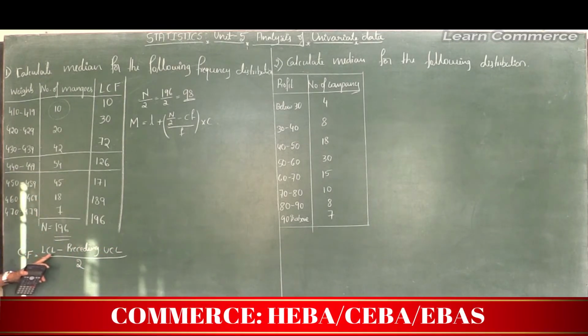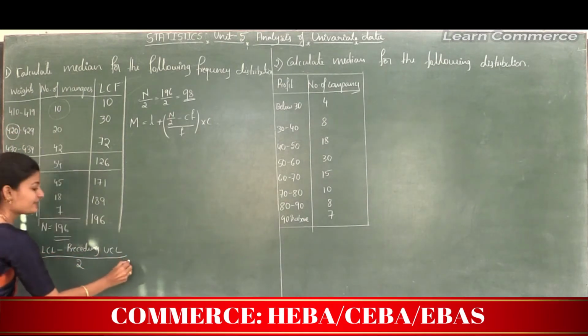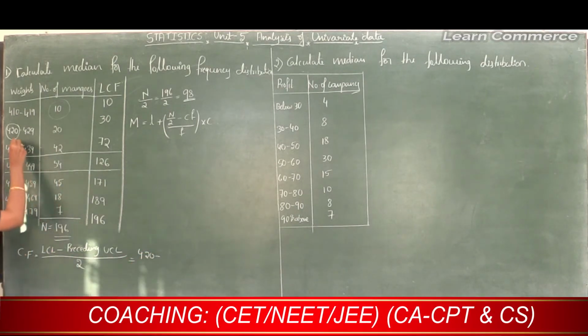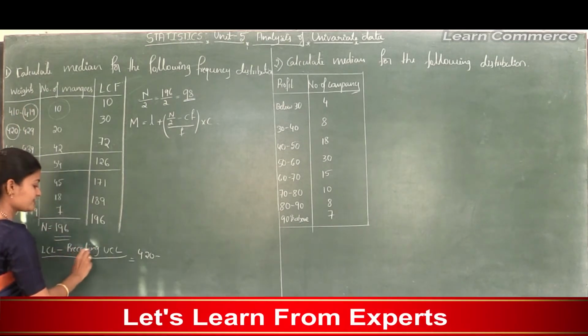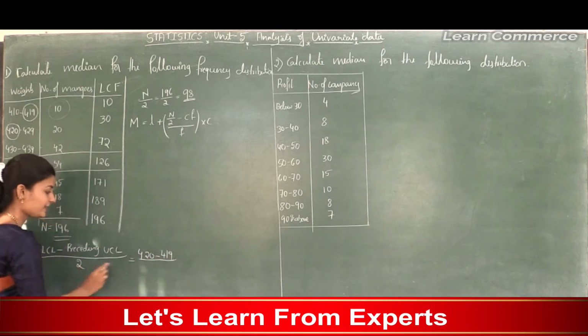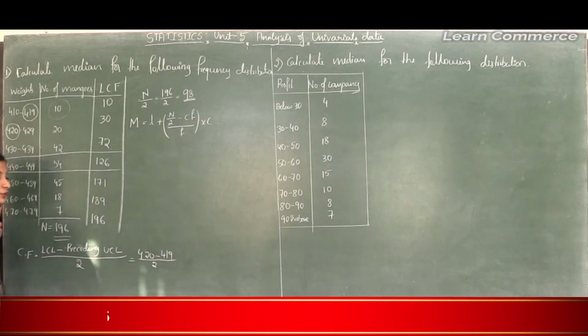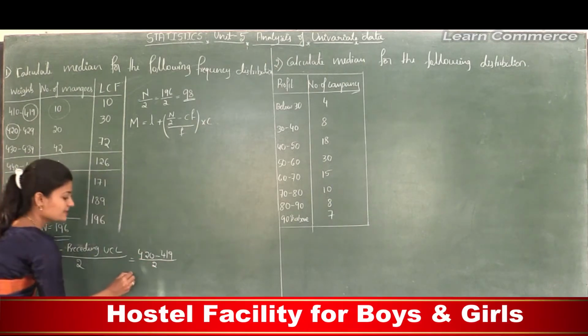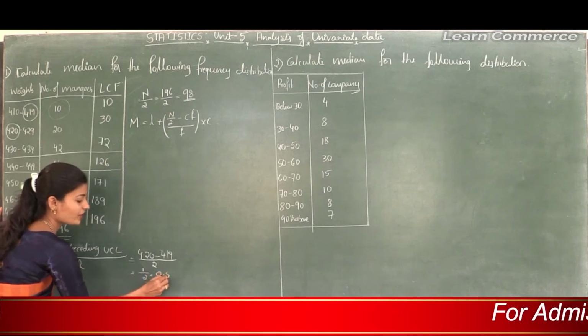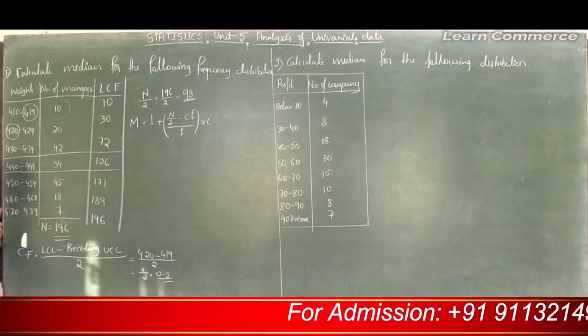See here, this is the lower class limit, so in place of the lower class limit I will substitute 420, minus the preceding upper class limit, which is 419, divided by 2. So, 420 minus 419 is 1, divided by 2. Here 1 by 2 we can also write as 0.5. See here, the correction factor is 0.5.